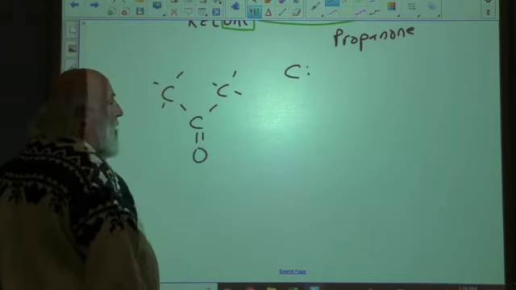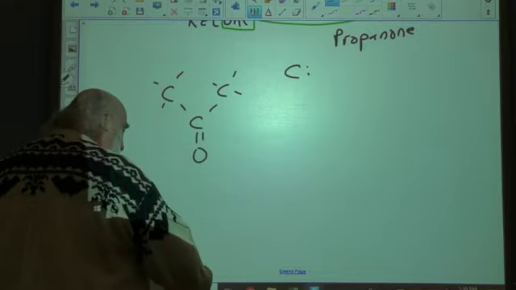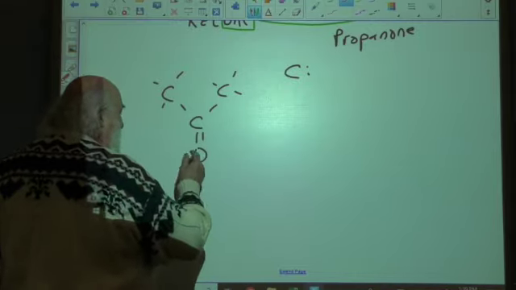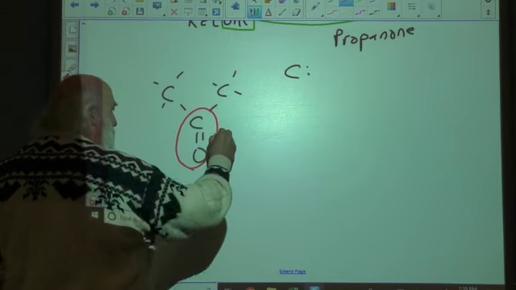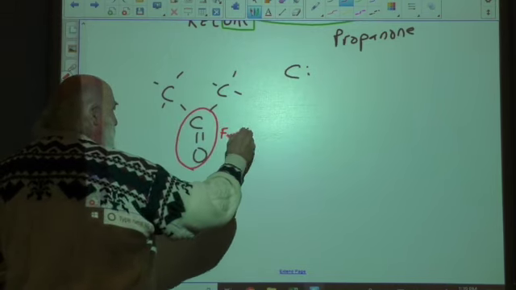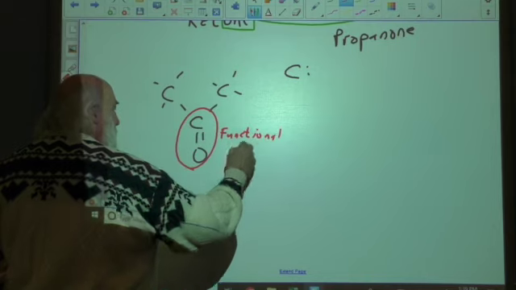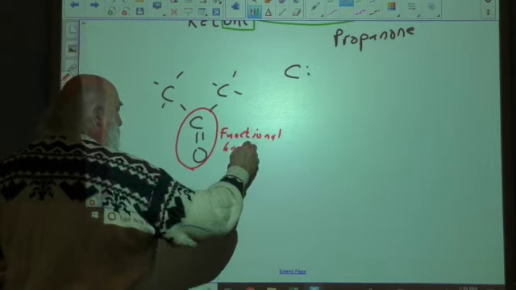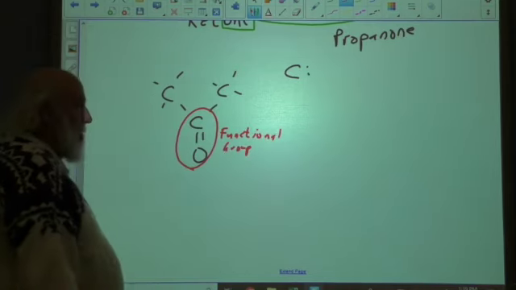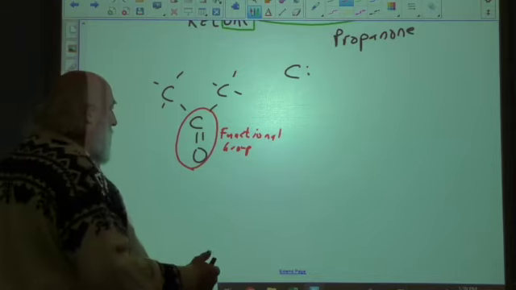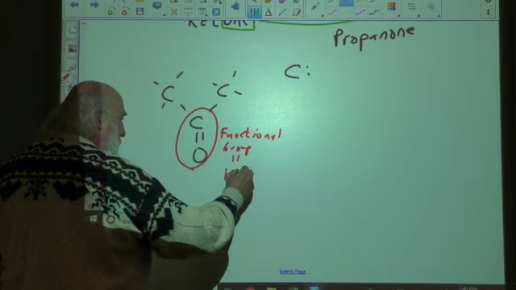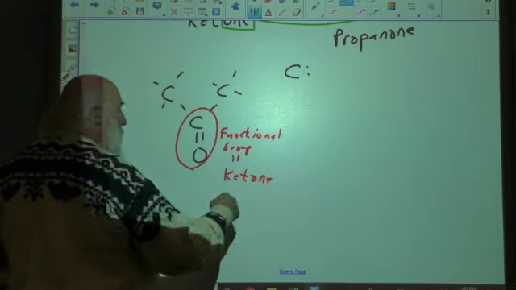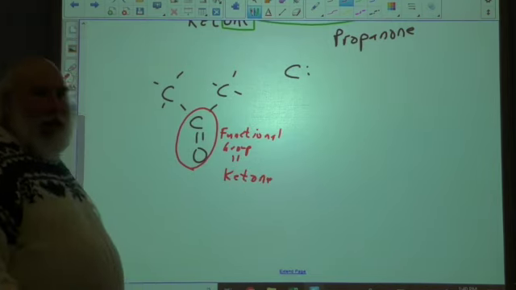Like the ether, you identify the functional group for the common name. It's not your functional group for the IUPAC. That's a big difference right there. That's your functional group, so that is your ketone. So the name is going to end with the word ketone, just like the name of the ether ended with ether.